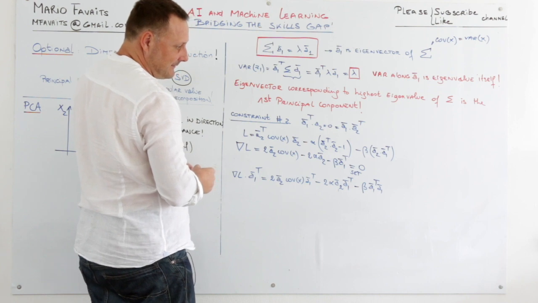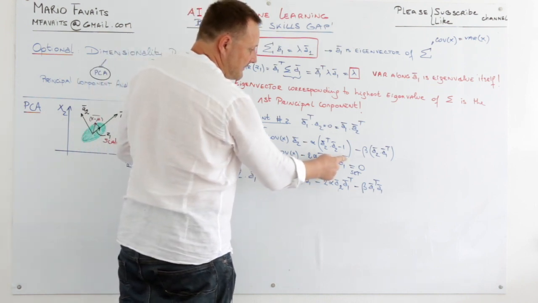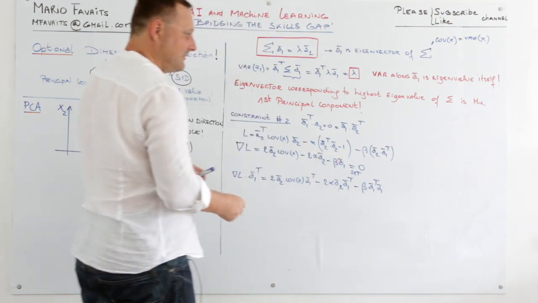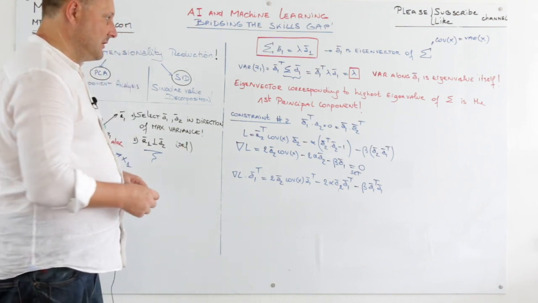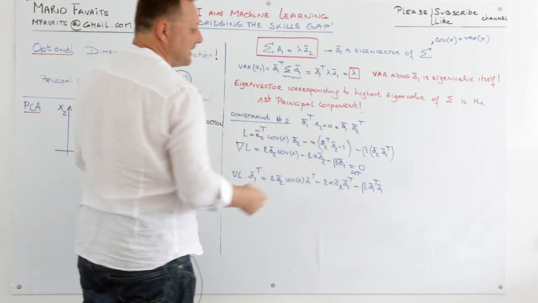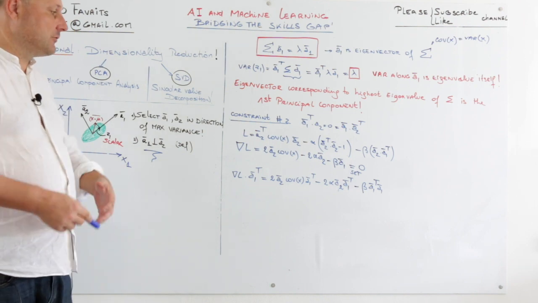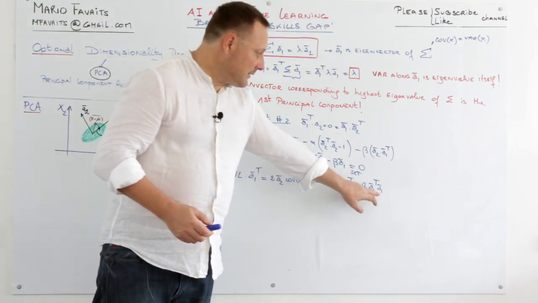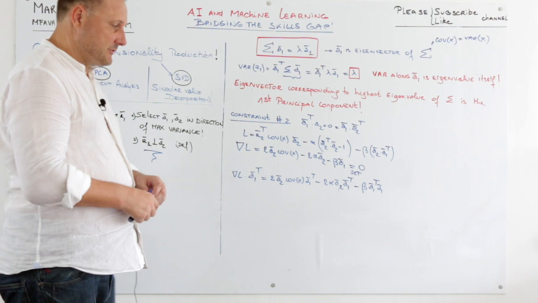So what I did is I can take this transpose away here, it doesn't really matter, because here I can swap as well. It doesn't matter, it's beta A1 or A1 transpose, and now I multiply with A1 transpose.